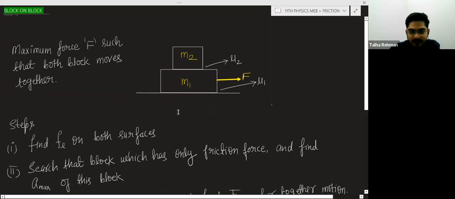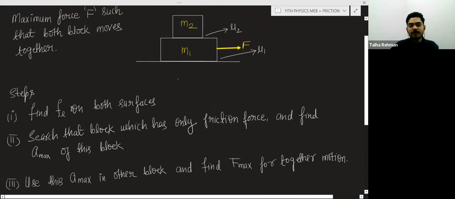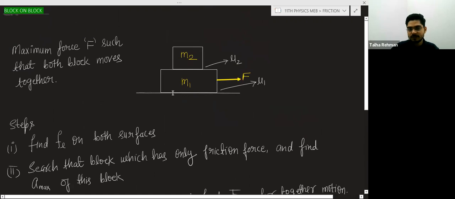So basically there are a few steps that we have to follow. First of all, we will find the limiting friction force on both the surfaces. One surface is this, another surface is this. What is the limiting friction force?